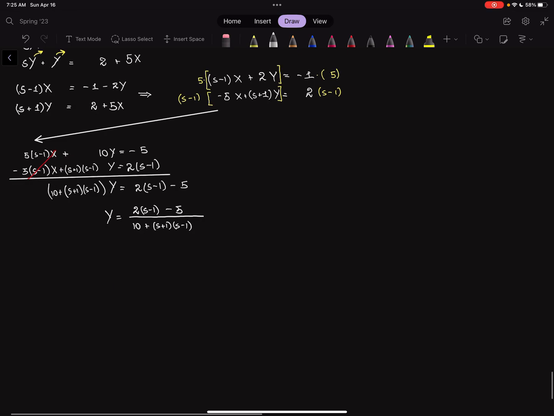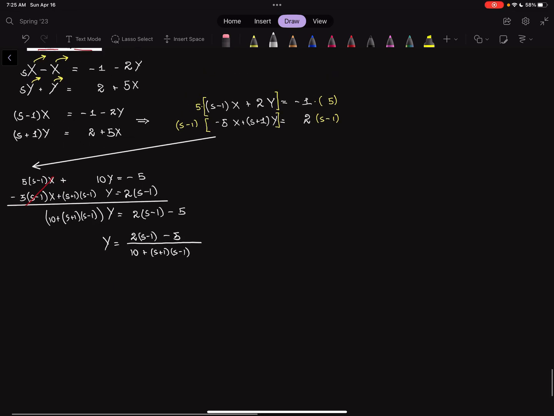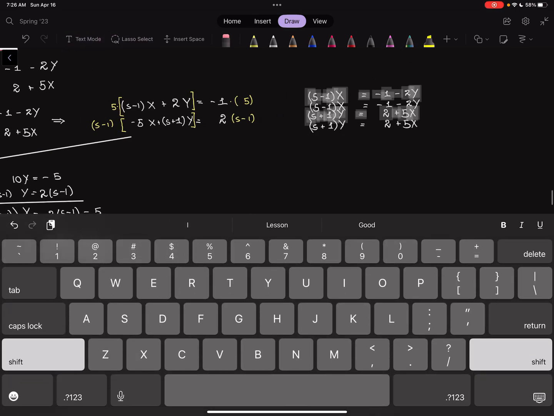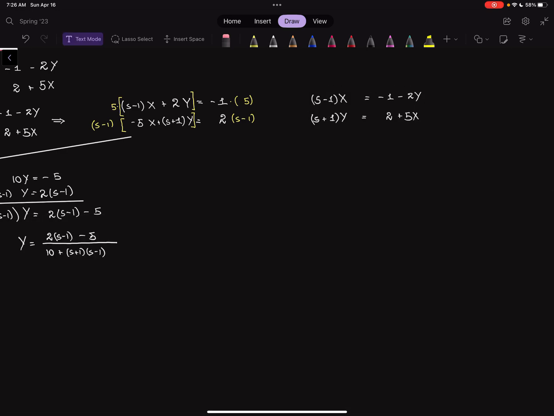Now we can do a similar thing for the X. So we get back to this. Let me copy that and paste it over here, because I want to show you we're doing the same thing twice, since we don't want to deal with substituting back in.